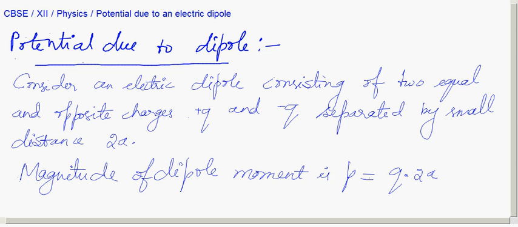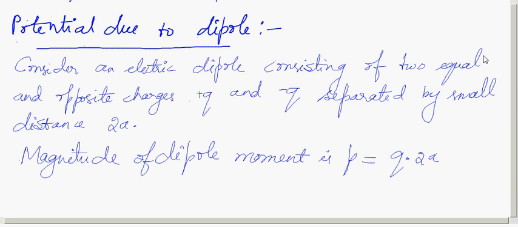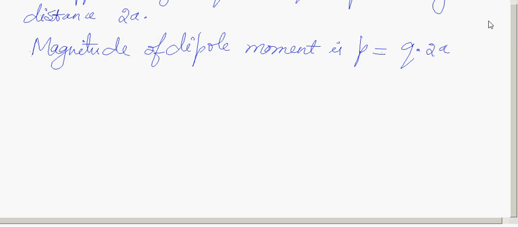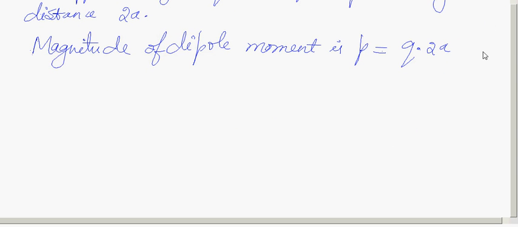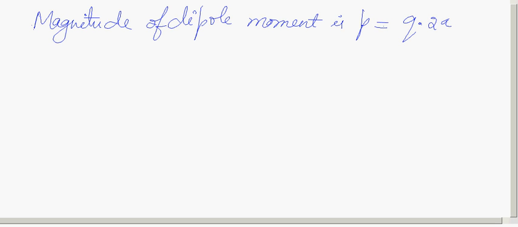This much we have learnt in the last class. Now today we'll see how the electric potential at any point can be calculated in this region of the dipole. We will consider the dipole with charge minus q and plus q, which are placed at two different places.